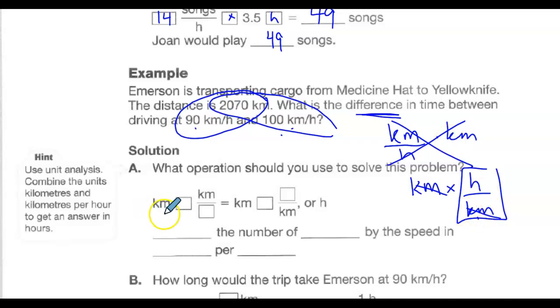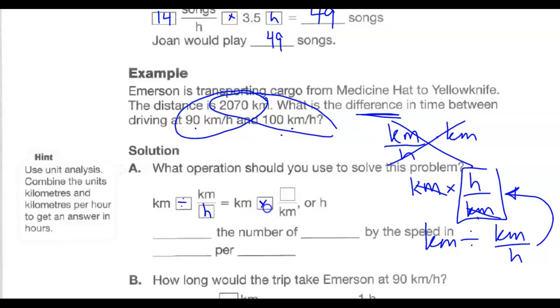So here, notice, if I did a multiplication, that doesn't work. So I've got to do a dividing. This is still multiplication, but my kilometers are now in the numerator. So if I show this as dividing by kilometers per hour, then when I flip that and multiply, that's what I get. So I've got to divide by kilometers per hour.